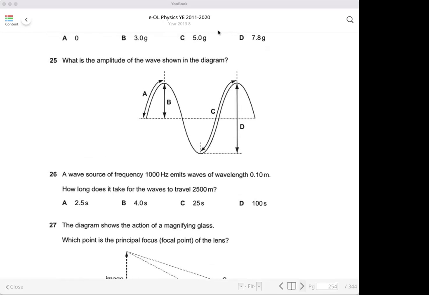Okay, do question number 25 now. Okay, 25, Oscar, very good. Bei Kwan, very good. Yiting, very good. Howard, very good.